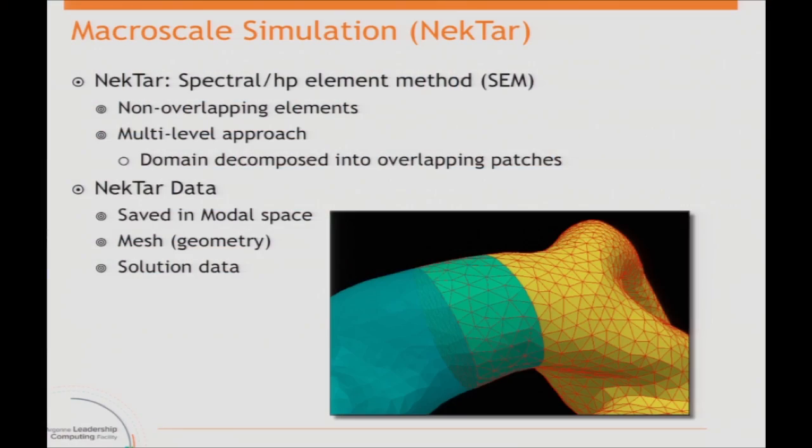So I'll talk a little bit about the simulation itself. It's a simulation code called NekTar. Again, it's a spectral element code where they have non-overlapping elements, and they have this multi-patch approach where they decompose the overall domain into multiple patches.